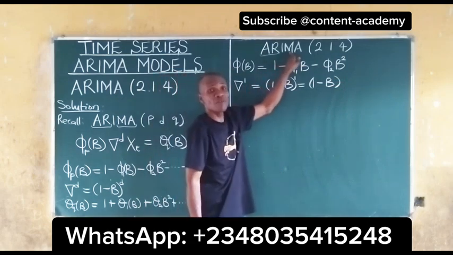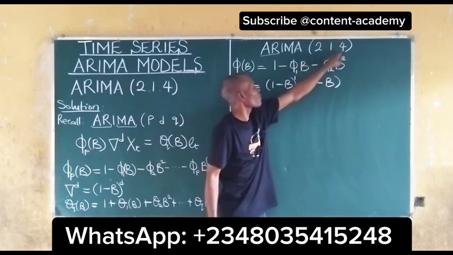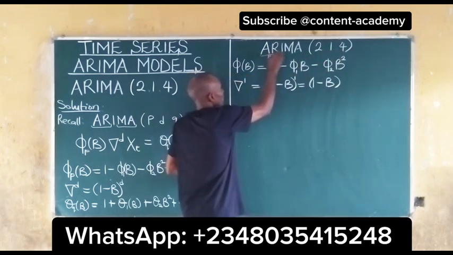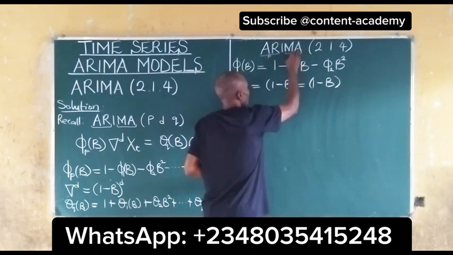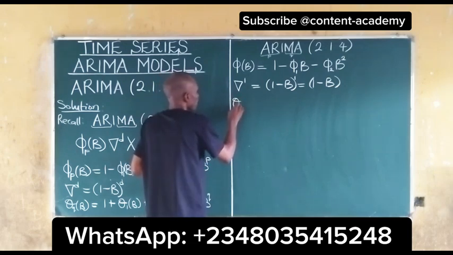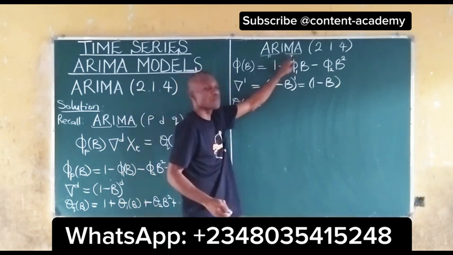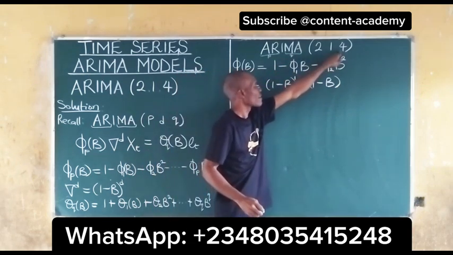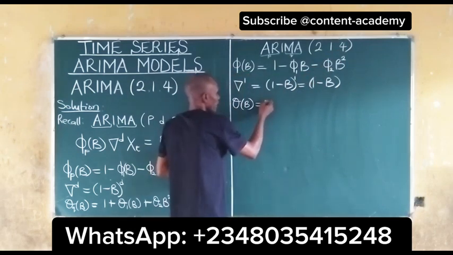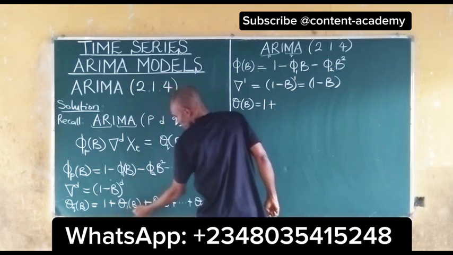Also, we have our moving average of order 4. So this is our q. This is p, this is the q part. Now, for our q part, that means the MA part, moving average of order 4, we can write it as 1 plus, because we said it's positive here.